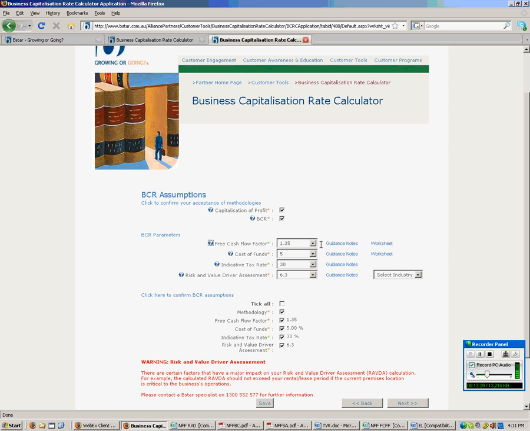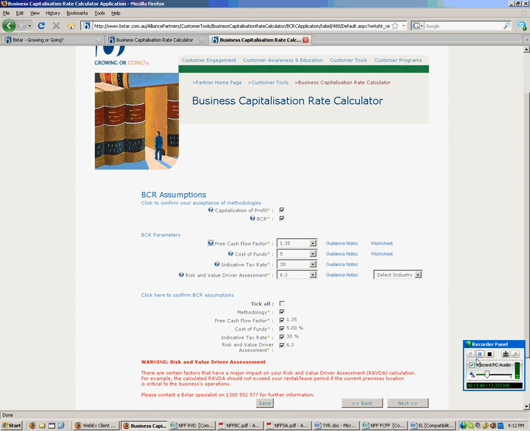In this case, the cost of funds is 5% and the tax rate is 30%. Alliance partners can access worksheets and guidance notes to support their assumptions. It is the final input I wanted to spend more time on.